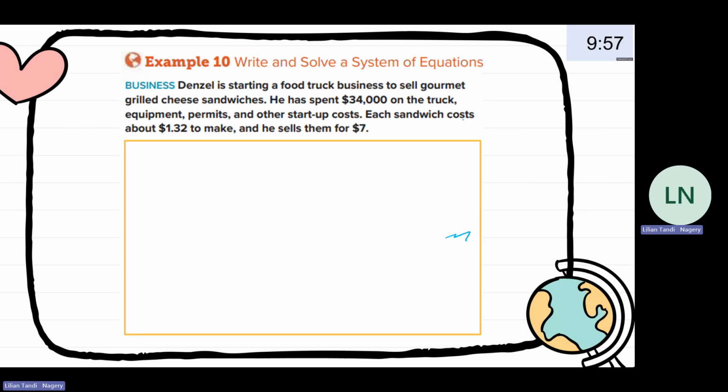Each sandwich costs about $1.32 to make, and he sells them for $7. So you need to write your equation in your system and you need to solve it. So do that for practice.